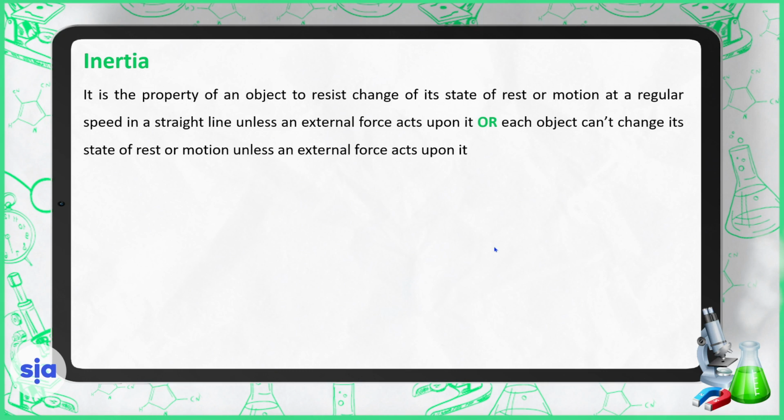Or we can say that each object can change its state of rest or motion only if an external force acts upon it. Do you remember when we said that the object in motion will keep moving until a force acts on it?